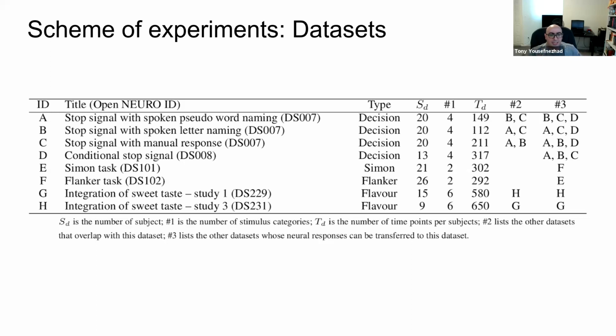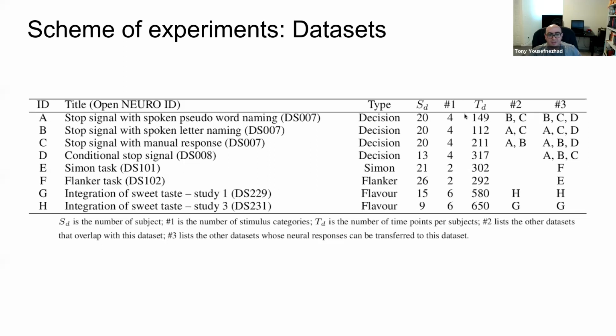Here we have the same things. This is the number of subjects. We have 20 subjects for these 3, and 4 tasks, like pressing the button, not pressing the button, making a decision and giving up, or just continuing. And you can see that the number of time points differs per data set. These data sets have common subjects with each other.